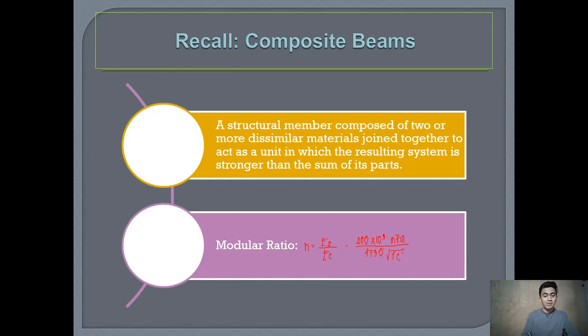Take note, fc prime is given in the problem. So I repeat, if you are tasked to determine the real value of your modular ratio, you can utilize the modulus of elasticity of the two members composing your composite beam. That is for composite beams.